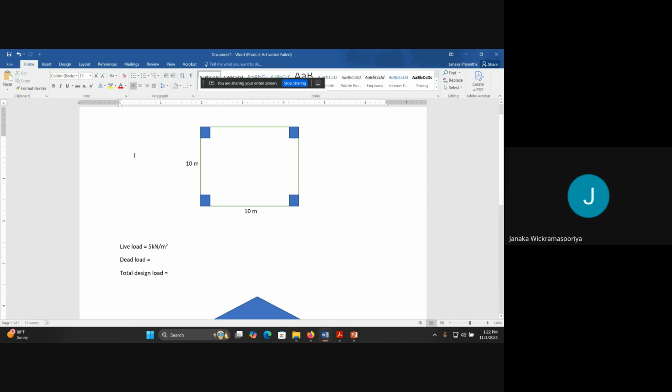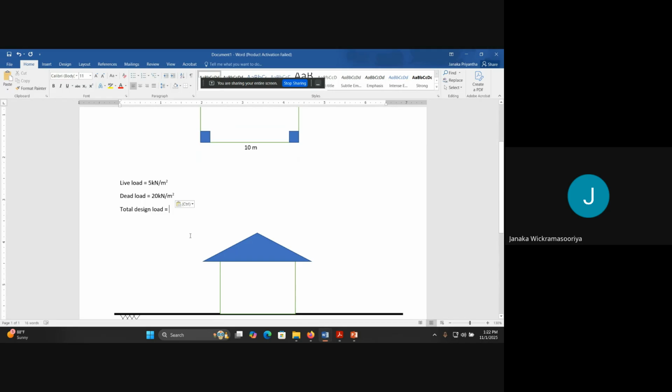And then we will take the dead load as 20 kilonewtons per meter square. Therefore, the total design load would be 1.4 times live load plus 1.6 times dead load. That would be 1.4 times live load is 5 plus 20 times 1.6. How much?